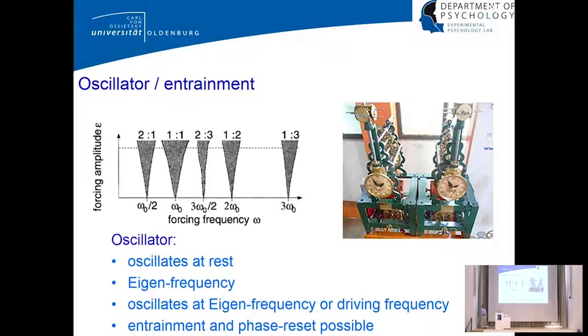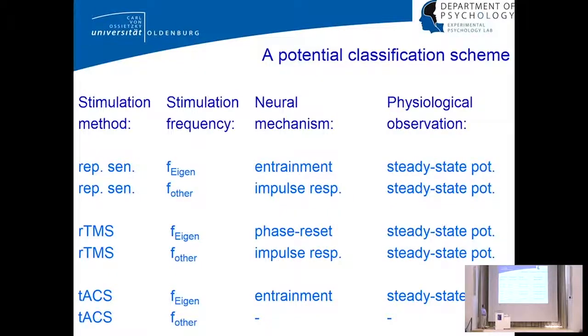And this is not going to be complete, and you may not like all of these, but I think that the following stimulation methods can lead to, or should be explained by, the following mechanisms. Let's go through that one by one. If I use repetitive sensory stimulation, this can be auditory steady state, this can be visual flicker, whatever.